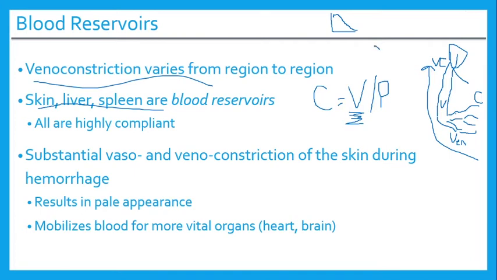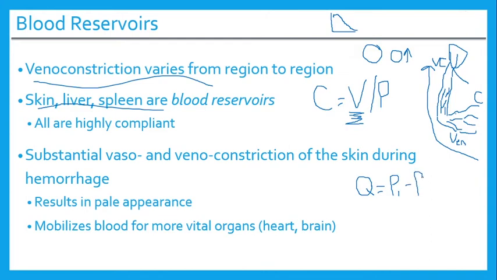Well, if we take a vein from its resting radius and we venoconstrict, like we said on the last slide, pressure is going to go up. So now pressure is going up when I decrease the size of this vein.